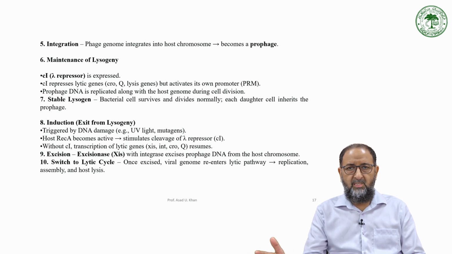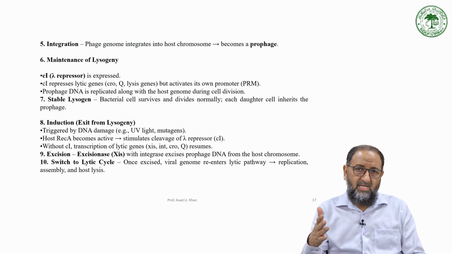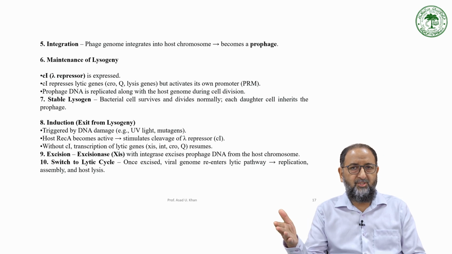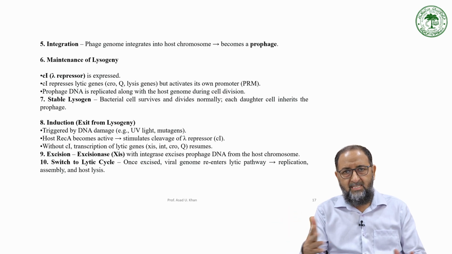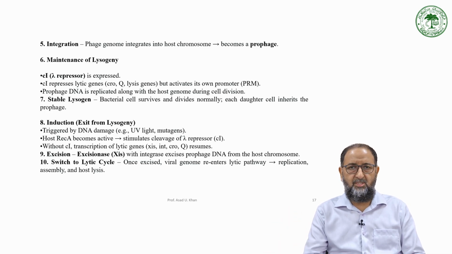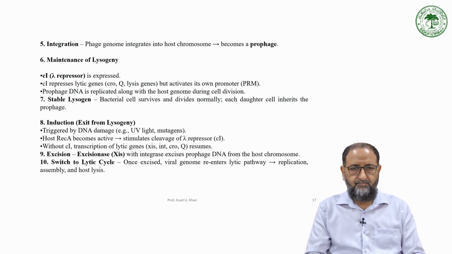Cells can divide normally, with the bacterial and the phage DNA together, and each daughter cell may inherit the prophage. It means every bacterium produced after the lysogenic state of the phage carries the phage DNA. And at any time, any bacterial cell could be induced under certain stress conditions and form a number of phage particles within that bacterial cell.